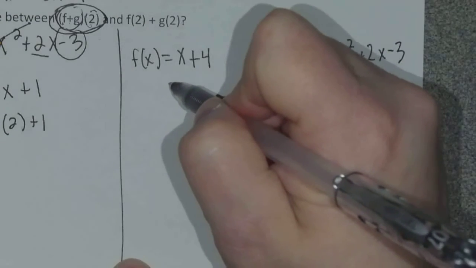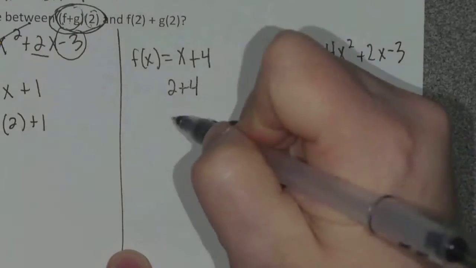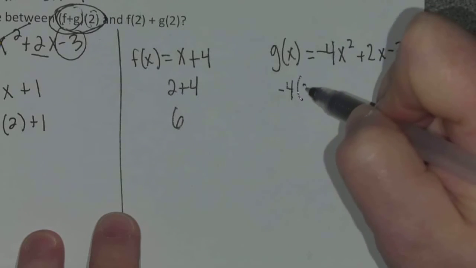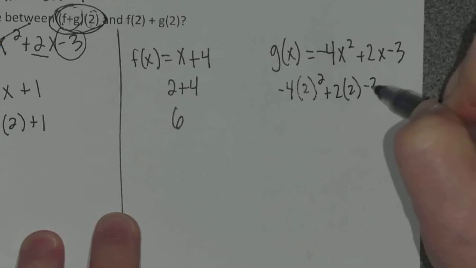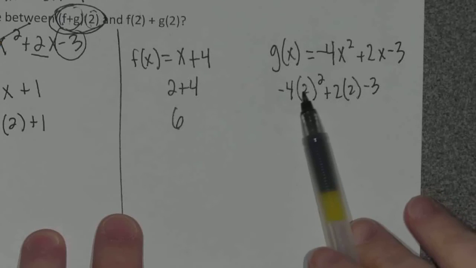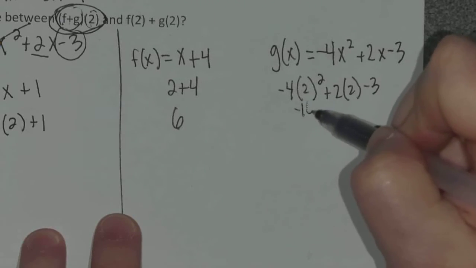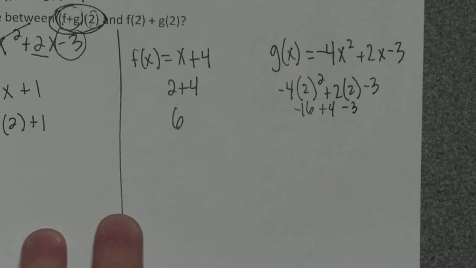So if I put 2 in here, I'd have 2 plus 4, which is 6. If I put 2 in here, I'd have negative 4 times 2 squared plus 2 times 2 minus 3. So 4 times negative 4 is a negative 16 plus 4 minus 3.